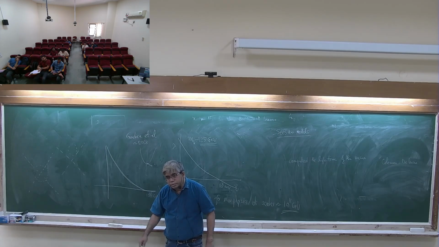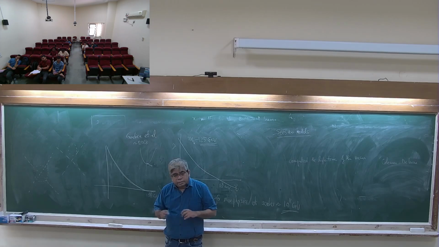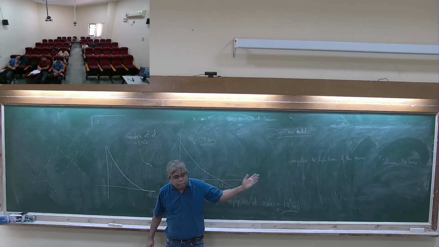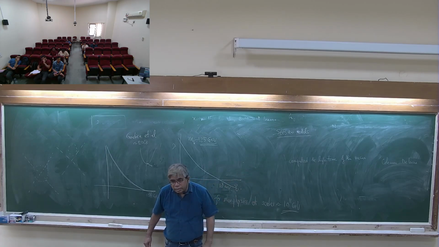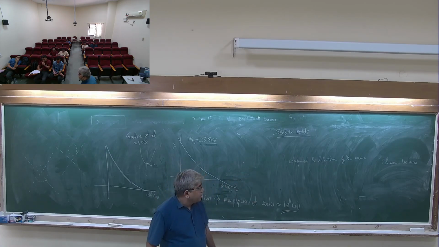But now there are some slight analytical methods which you can use. You have to compute something called the Euclidean action, and then the bounce solution essentially, and then you can compute the lifetime of this particular vacuum.